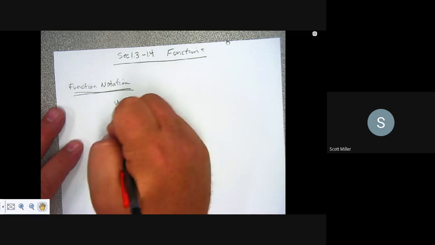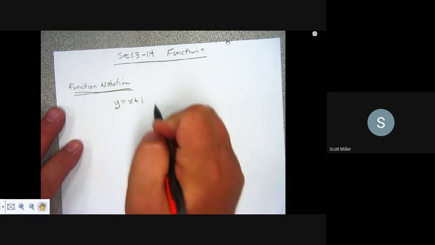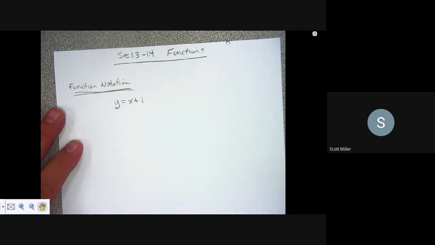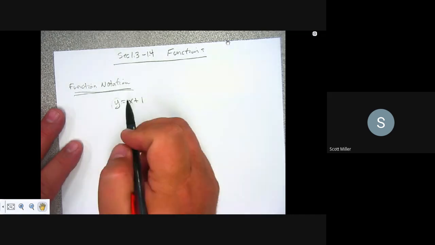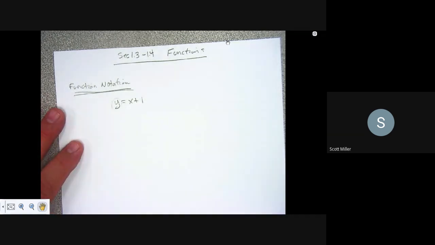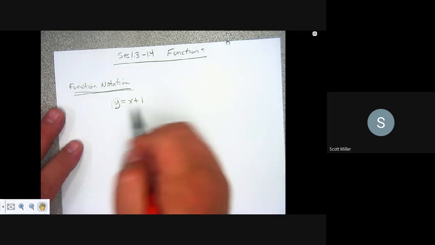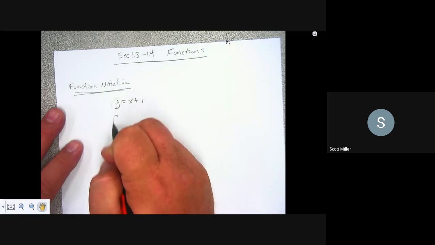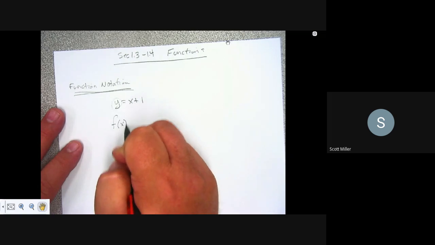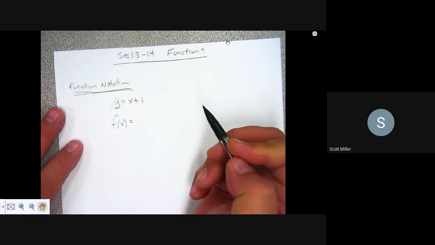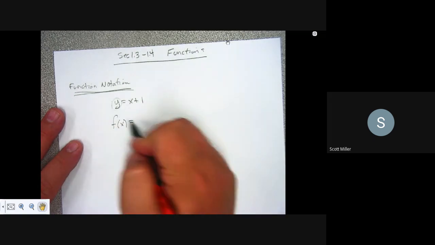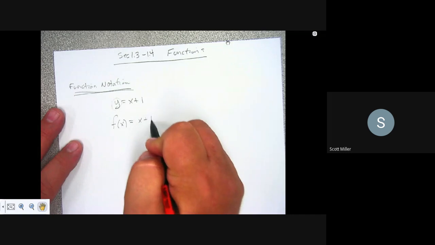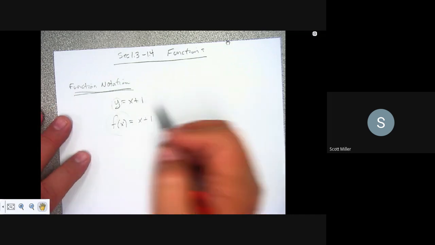So the y, just so you know, this is going to be a function. The y value, the output value, takes on a new name. So this is called the equation for y. Because it's a function, I can now change this y into a function notation. And we call it something like f of x equals x plus 1. So what is this thing?